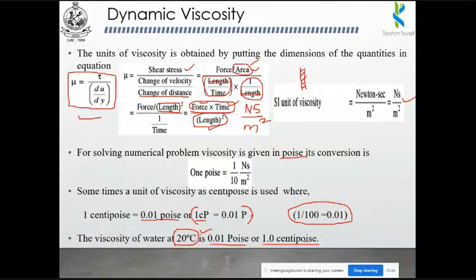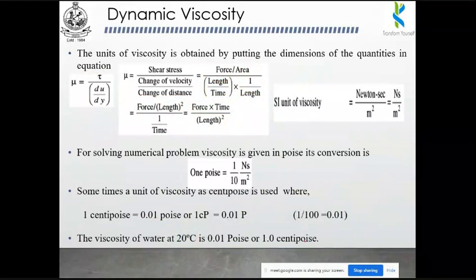If the temperature increases, that means if you are calculating the viscosity of water at 25 degrees Celsius, the viscosity value will decrease. Similarly, if the temperature decreases, there will be an increase in the viscosity. Okay, so it is two opposite values.